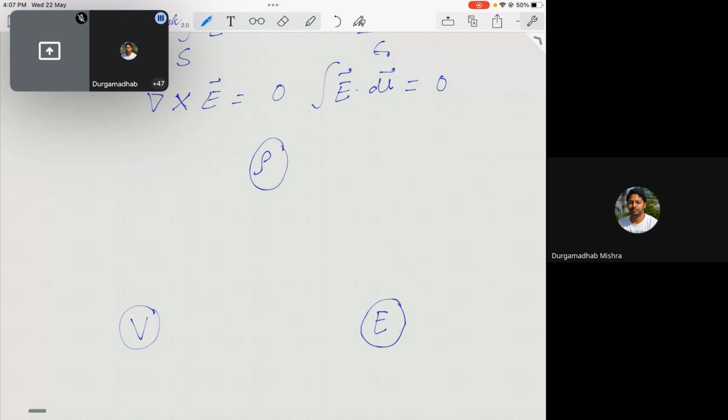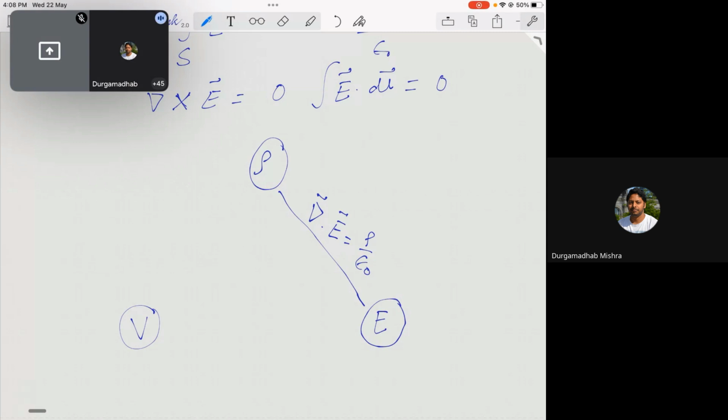If I know the charge distribution and I want to find the electric field, I will use the first Maxwell's equation, and then I can find the electric field due to the charge distribution. The charge distribution here is rho, so we are talking in general. Rho mostly indicates a volume charge distribution, but it can be a line charge or a surface charge distribution, anything.